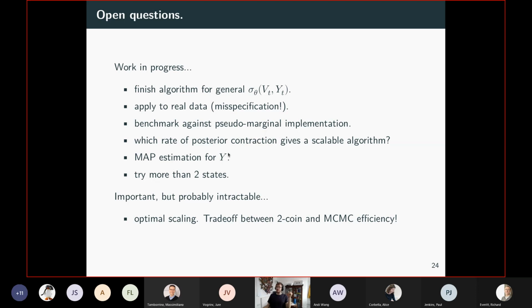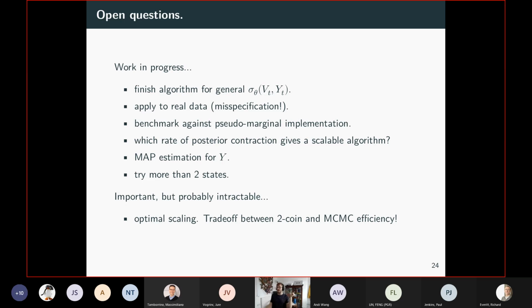Finally, we're also interested in looking into MAP estimation for y, which this algorithm doesn't give you. It gives you marginal posterior expectations for the state of y at each point in time, but it doesn't give you the MAP trajectory. And it might be interesting to try this algorithm out for a hidden Markov model with more than two states.